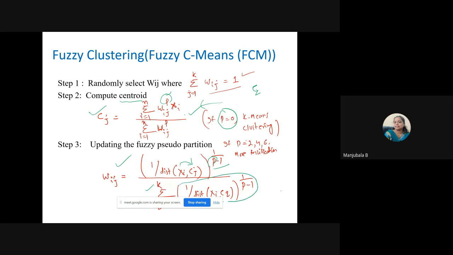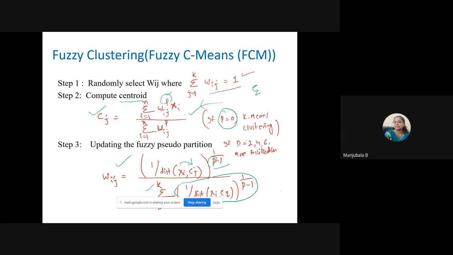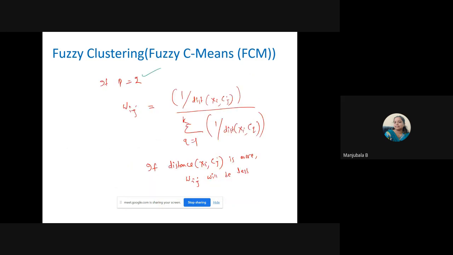So here the more distance, the less weight you get. Suppose p equals 2. Then Wij is calculated as 1 over the distance of xi and cj, divided by the summation from 1 to k of 1 over the distance of xi and cq.